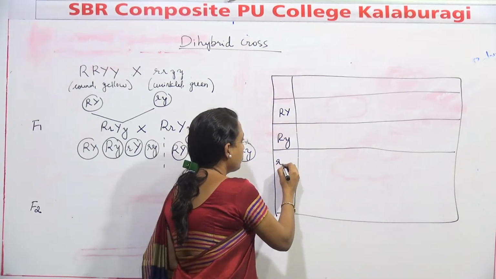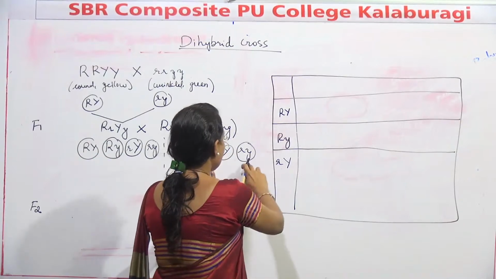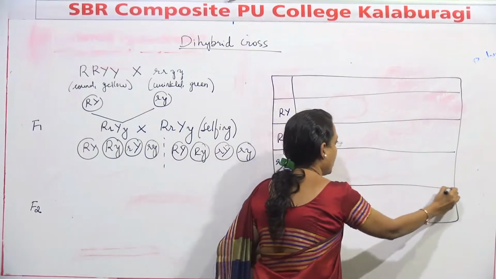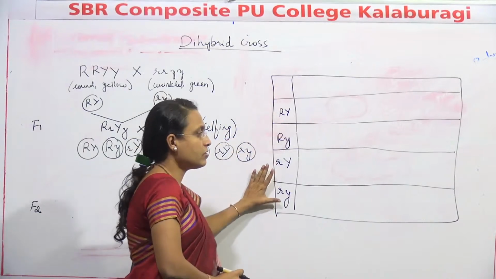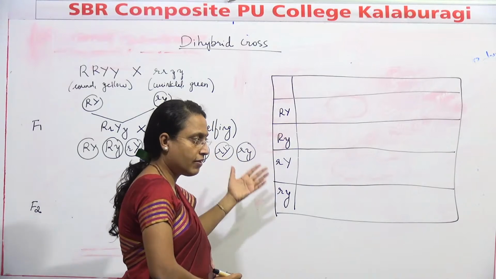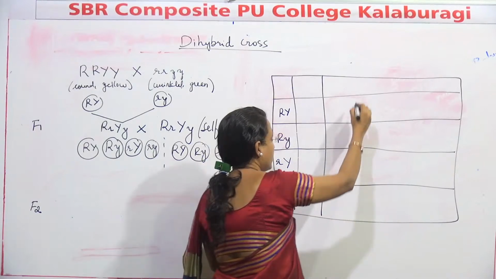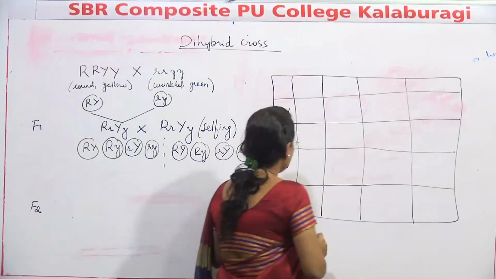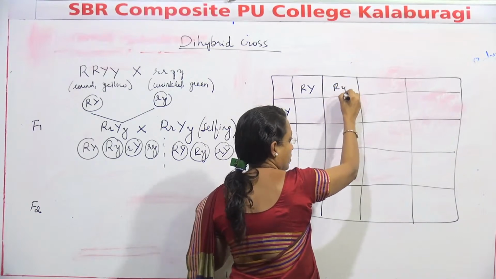Similarly, small r and so on. These are the 4 gametes here. Then these 4 gametes you write and prepare the table. So these are the 4 gametes of one of the F1 parents, that is, in self-pollination, the male and female parts. Now, the next 4 gametes should be written here: RY, Ry, and so on.